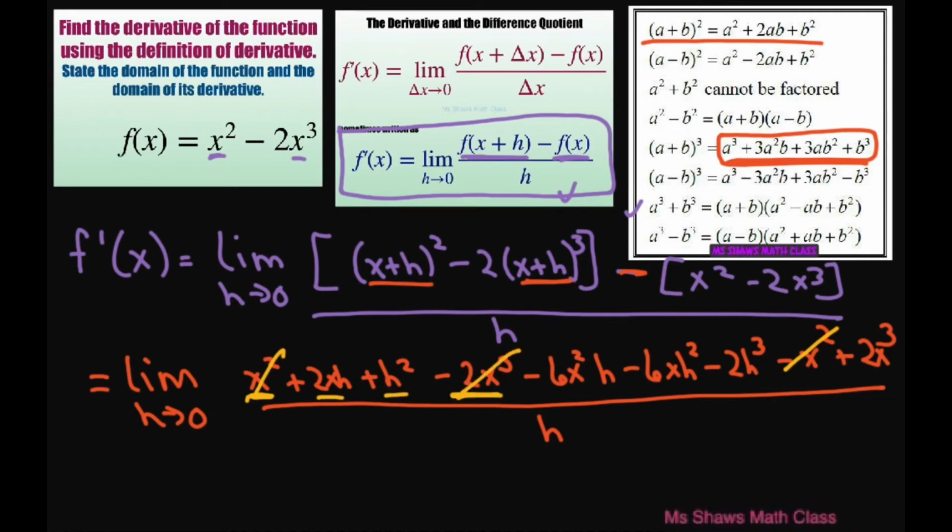Negative 2, here's the opposite right there. And everything else has h in it, looks like. Is there anything else we can cancel out with the h's? But this is a good sign that we did it right. If you have any terms without an h left, that means you probably did something wrong with the algebra.